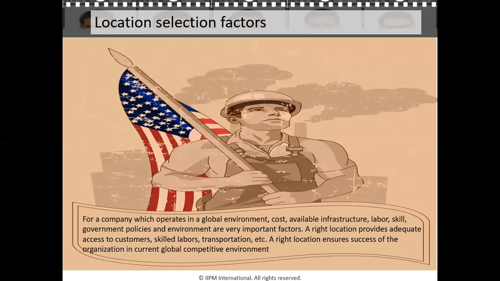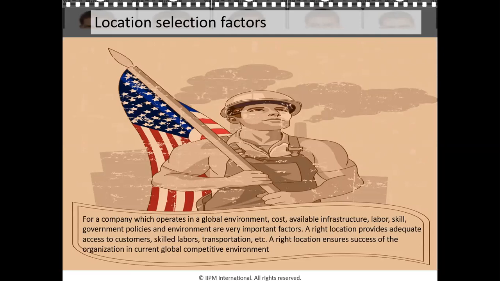Location selection factors. For a company which operates in a global environment, costs, available infrastructure, labor, skill, government policies, and environment are very important factors. A right location provides adequate access to customers, skilled laborers, transportation, and so on.